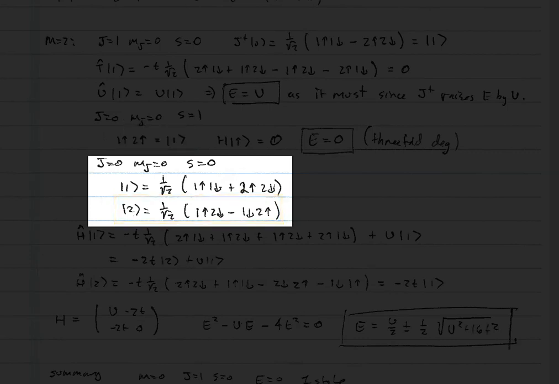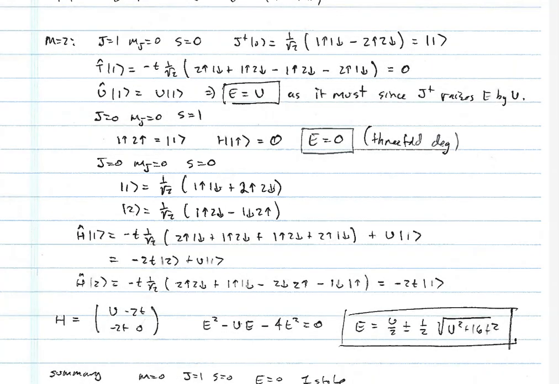Or you might just have remembered that the singlet state is the combination of up, down, minus down, up. And so that state I'm going to call state 2. So we have two states that have J equals 0, MJ equals 0, and S equals 0. There are no multiplicities due to spin because the total spin is equal to 0 for these two states.